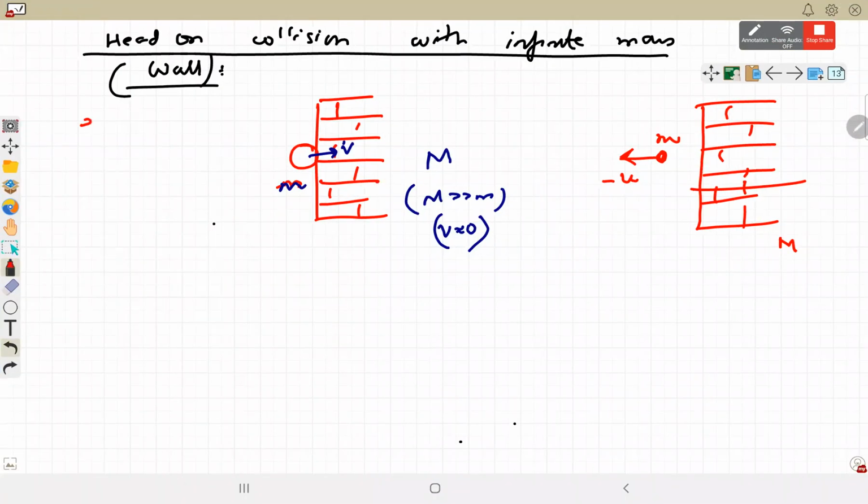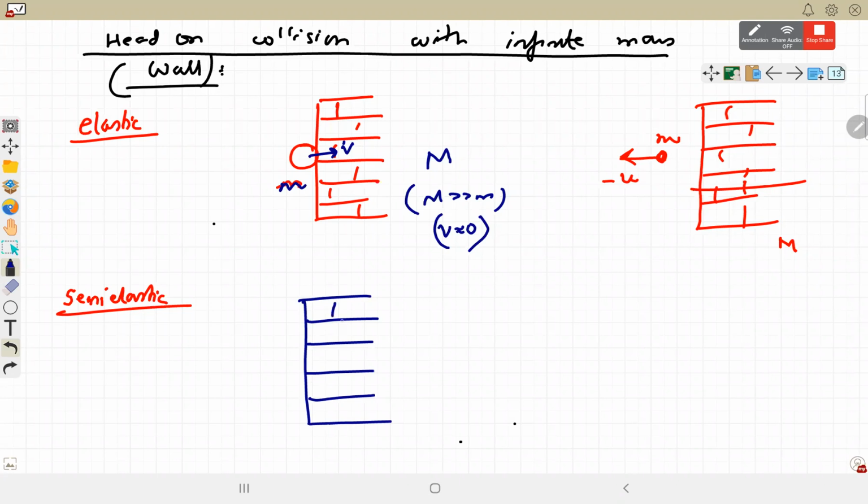If this collision is not perfectly elastic, then for an elastic collision, it comes back with the same speed. If suppose the collision is semi-elastic, also written as inelastic, with coefficient of restitution E, then it will come back with E times the speed.